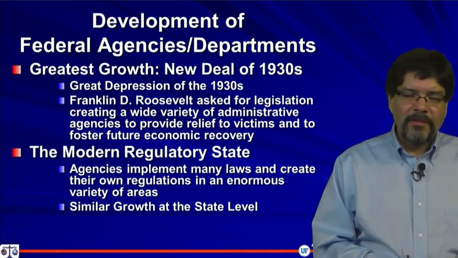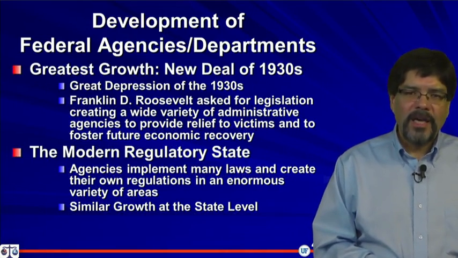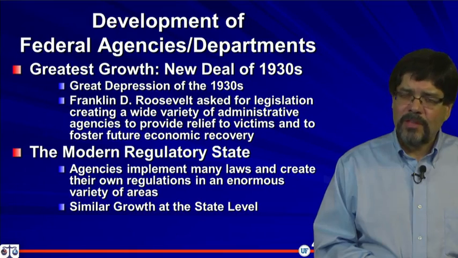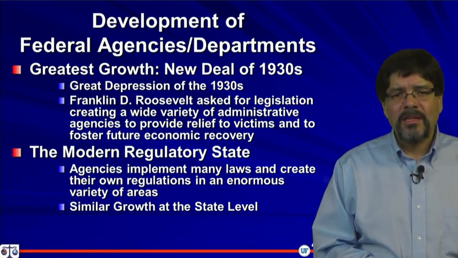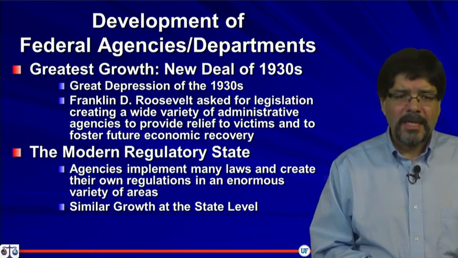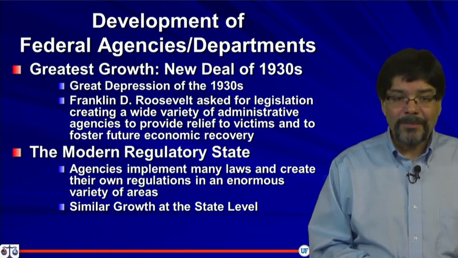The development of federal agencies has been a somewhat slow process, and most of its development is really during the 20th century, and particularly beginning in the 1930s with the New Deal.